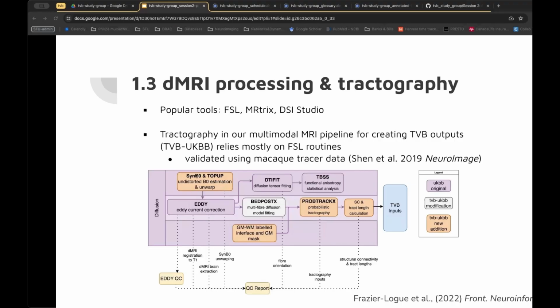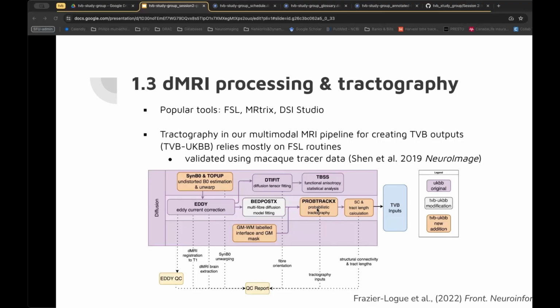You might also do some image unwarping, distortion correction from the images because it can be highly distorted. You will do that model fitting for the fiber directionality. In this case, it's a multi-fiber model, so it's a probabilistic model.